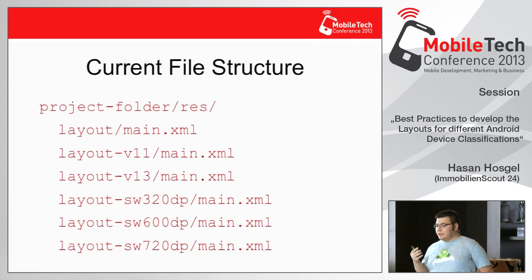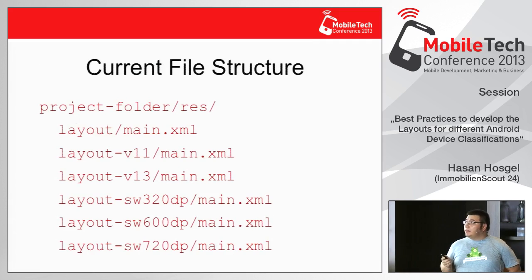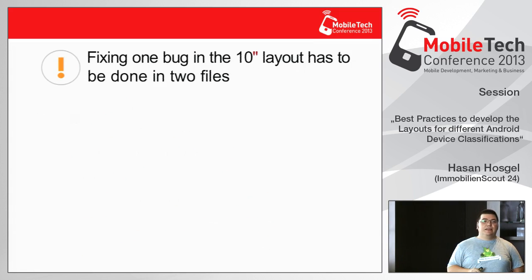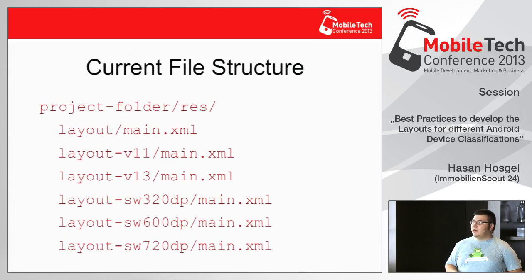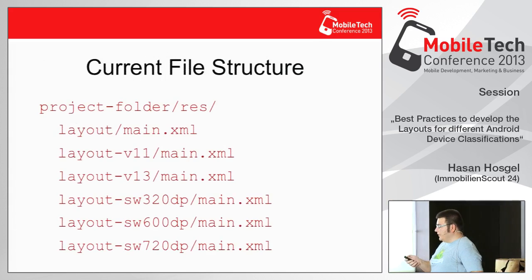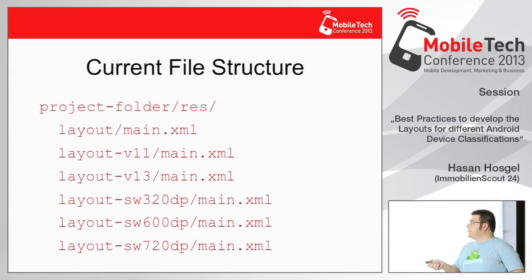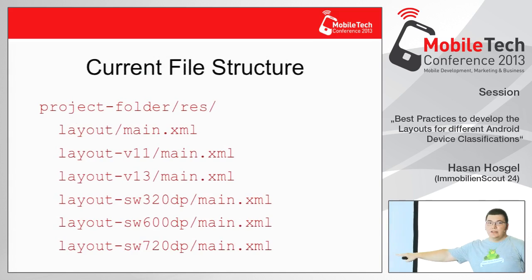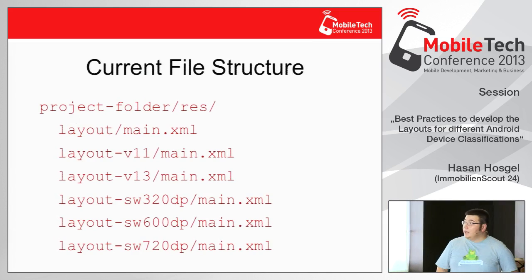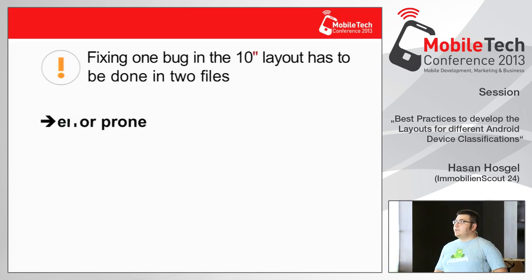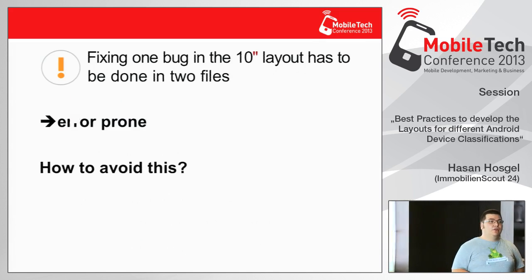Well, there comes a little problem. If you want to fix one bug in the 10-inch layout, you have to do it in 2 different files. At first, in the V11, can we see it? No, it's not really. The V11, and then also the smallest width 720 density-independent pixels. That's really error-prone. So how to avoid this?